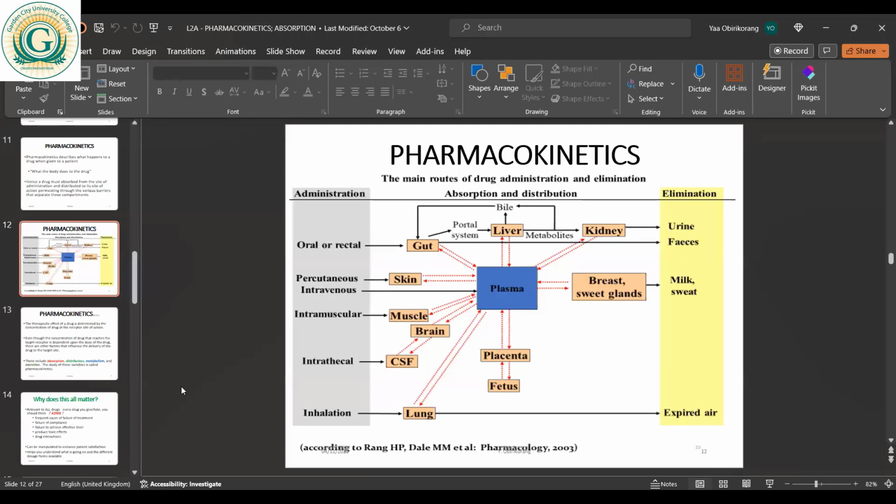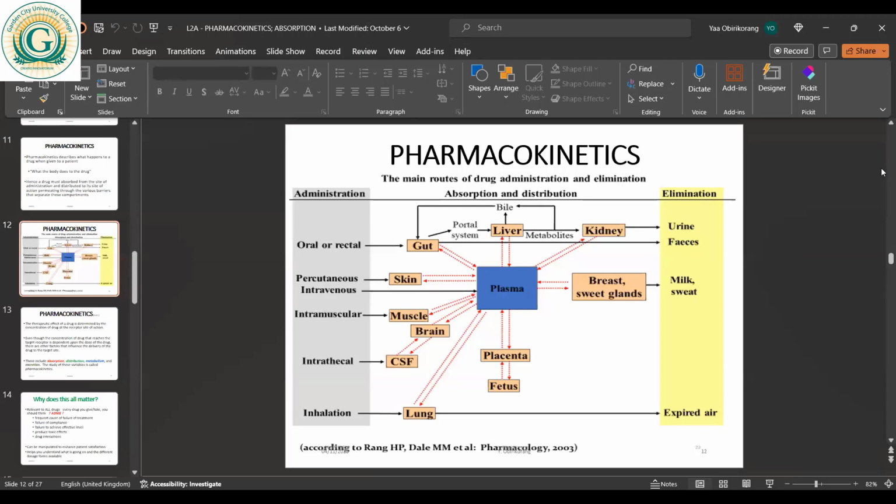Sometimes, typically in most of our facilities, patients come in with pre-eclampsia or eclampsia and become semi-conscious or unconscious. They may have an NG tube passed, or the patient cannot swallow.